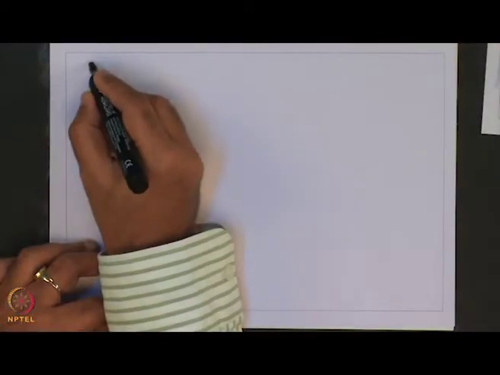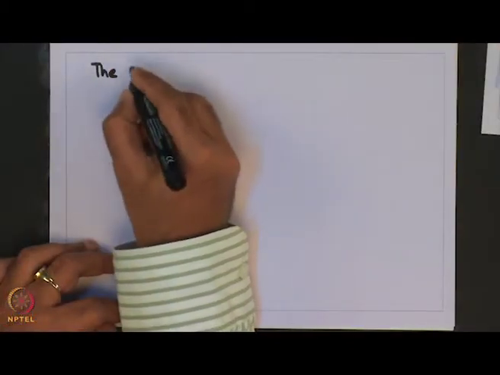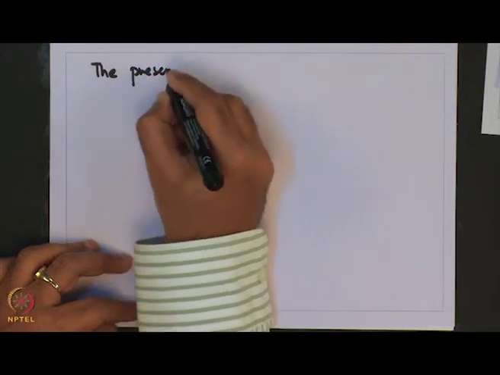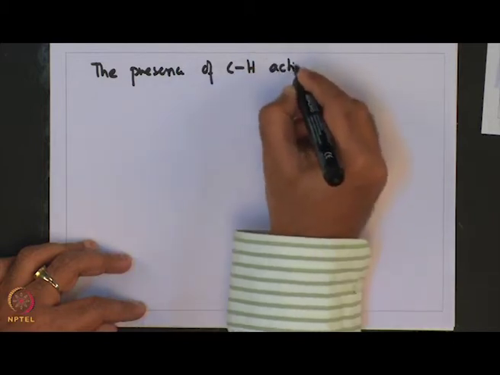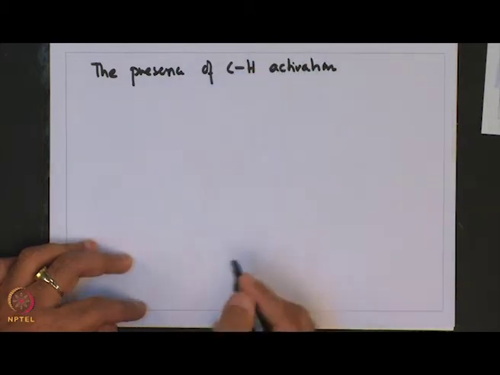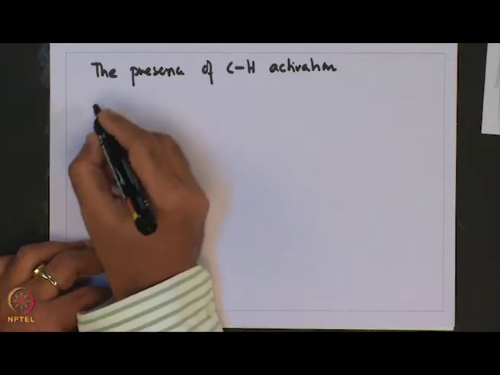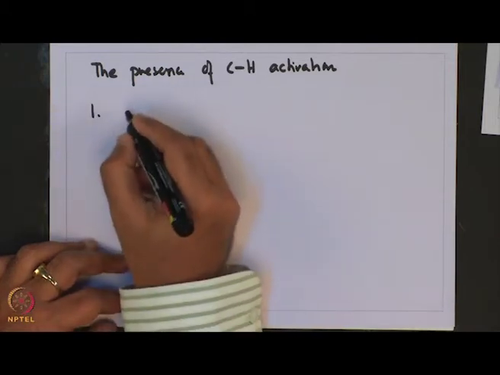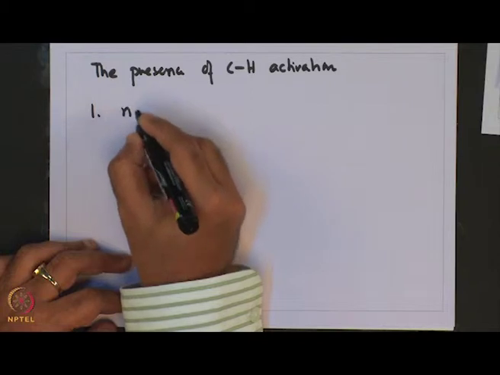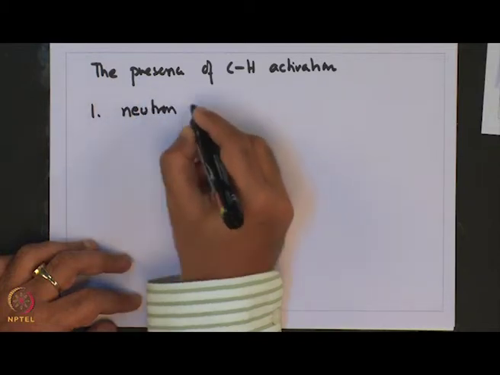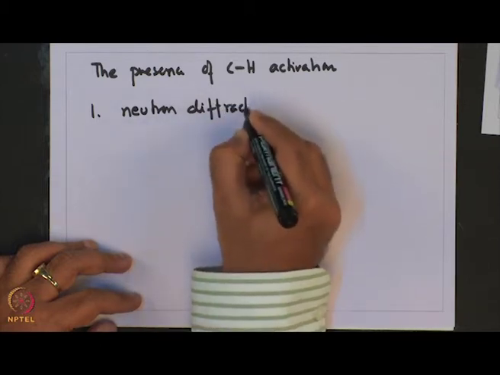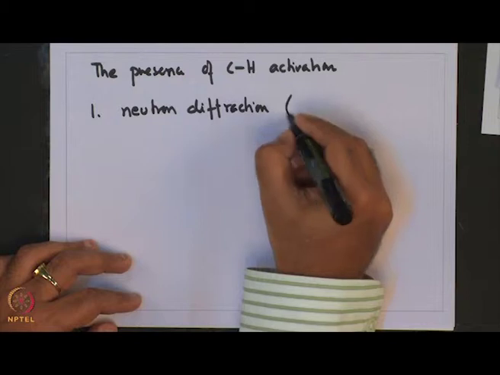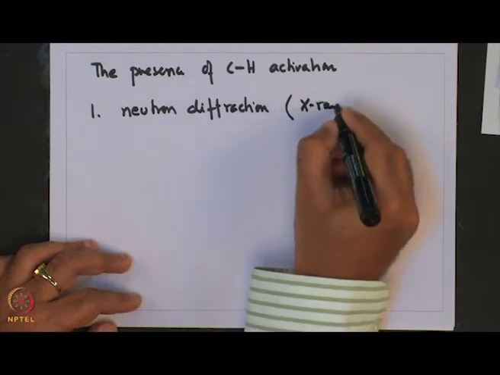So, hence one can say the presence of CH activation can be established by, let us say, neutron diffraction, to be more precise. Sometimes X-ray diffraction as well, where hydrogen is located.